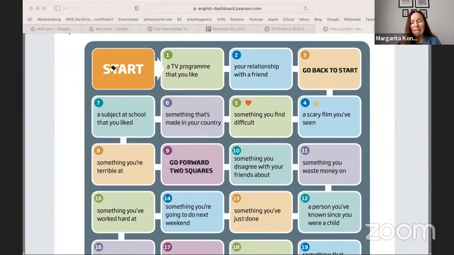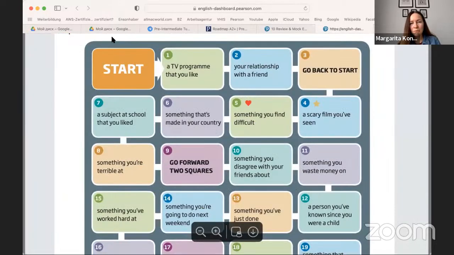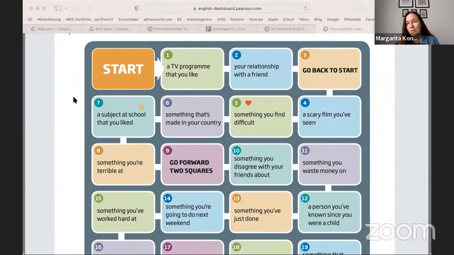Okay, let's go on. I throw the dice for me. 3. Okay, so I'm at number 4, then 1, 2, 3, 7. A subject at school that you liked. When I was at school, I really liked geography because it was very interesting to know about different countries, different nationalities.